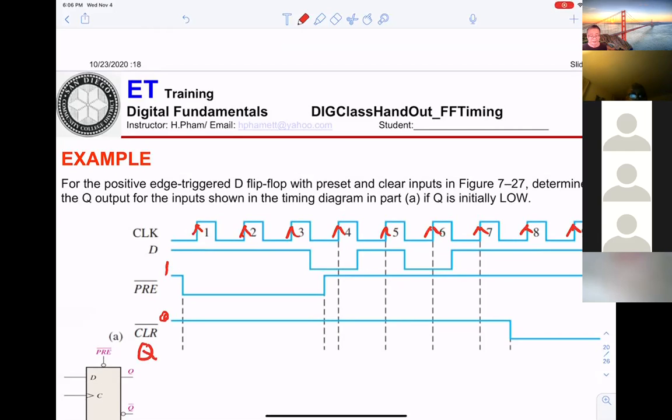Okay, at the beginning, what is given? 1.